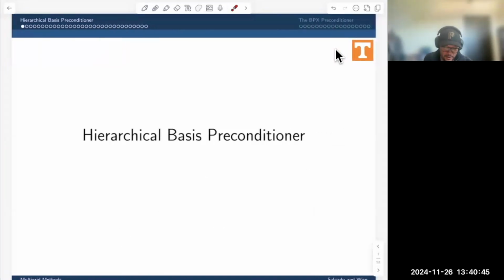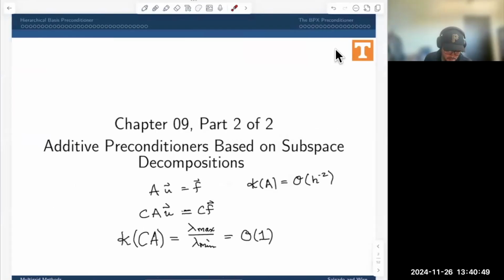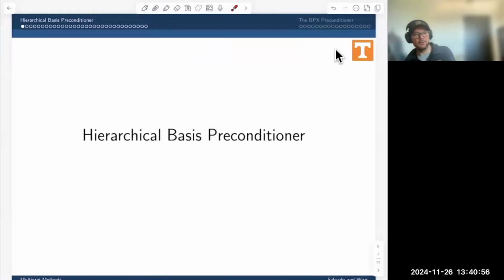So we're going to use the hierarchical basis preconditioner to construct a preconditioner matrix C that makes this order 1 condition number appear. If we can do that, then all of this will be worthwhile. Now, why is the preconditioner related to something called the iterator?